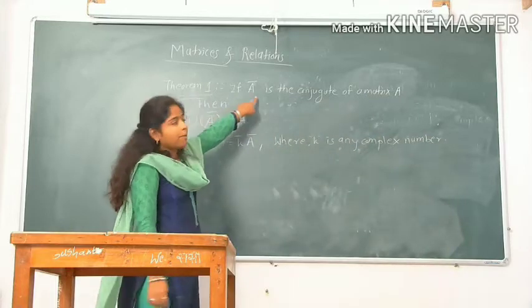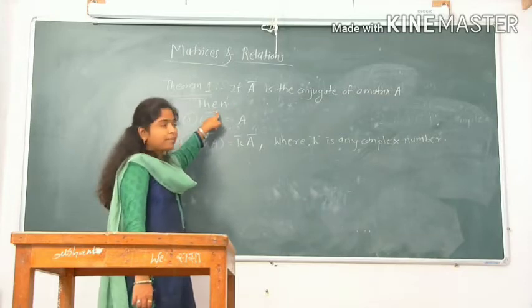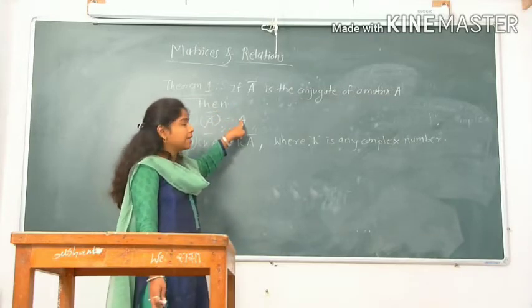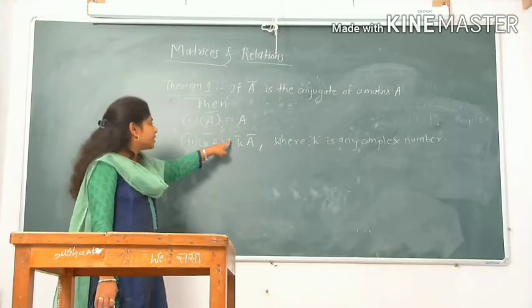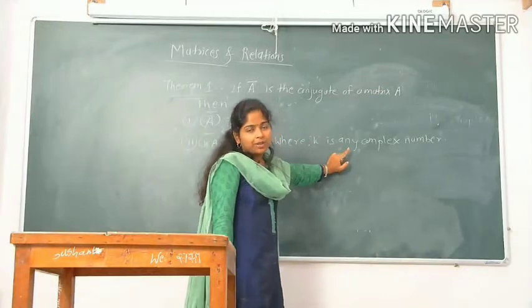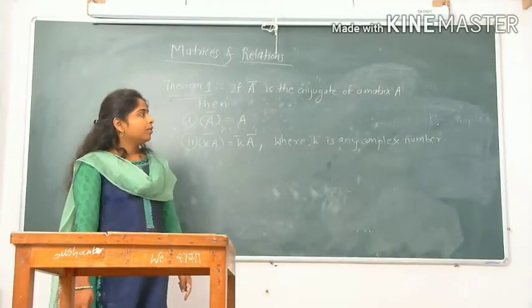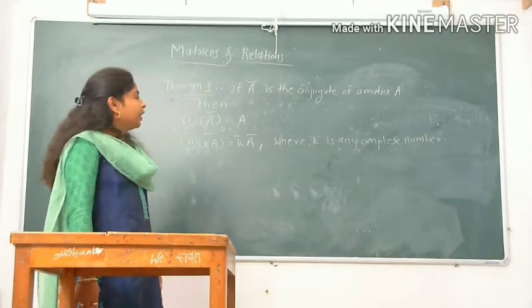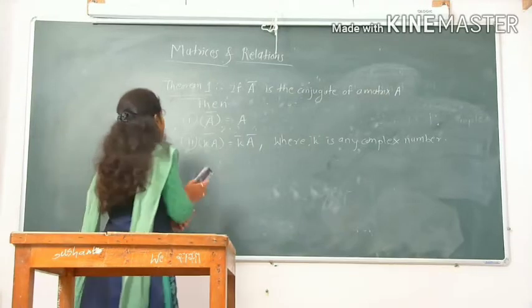That is, the conjugate of the conjugate is the same as the given matrix, and the conjugate of k A is k bar into A bar, where k is any complex number. We do not have a proof of this theorem, but we have to use it for solving the examples.